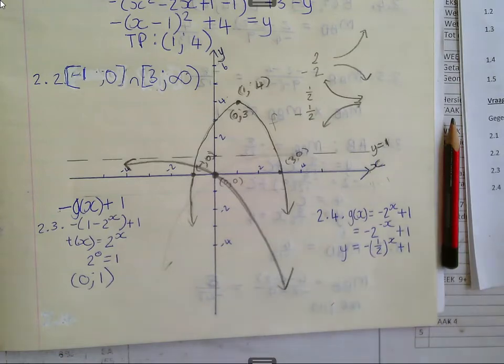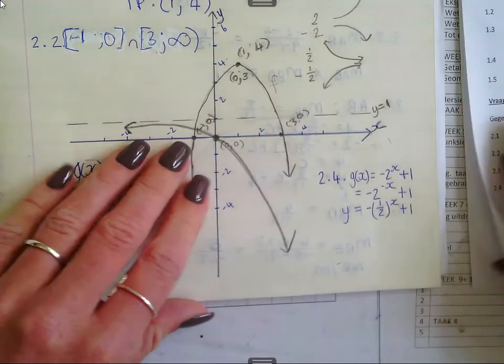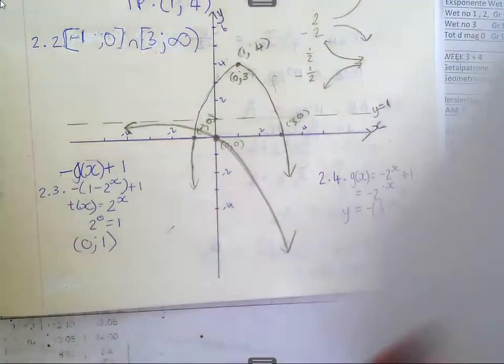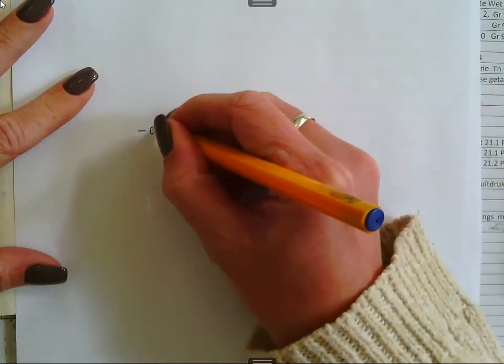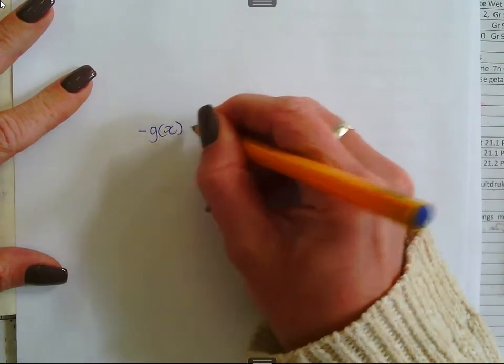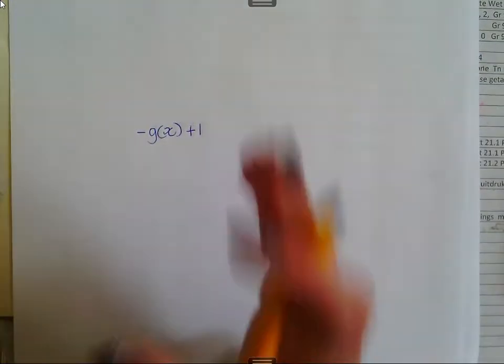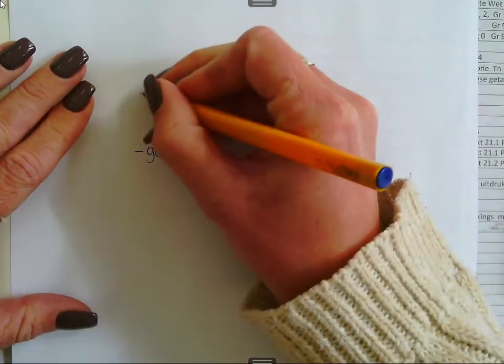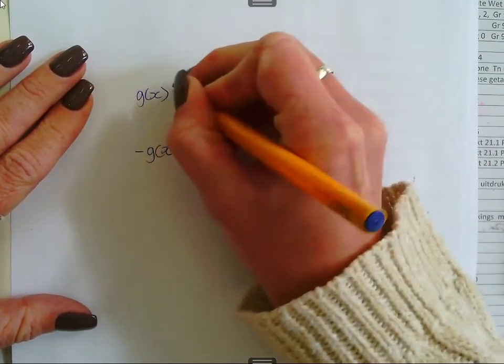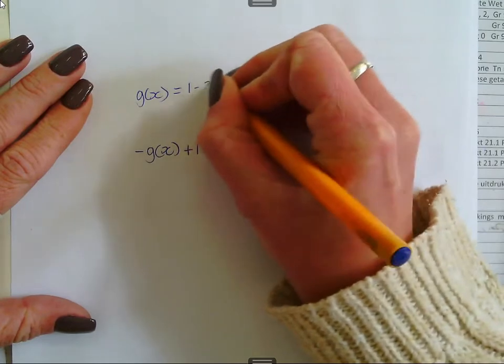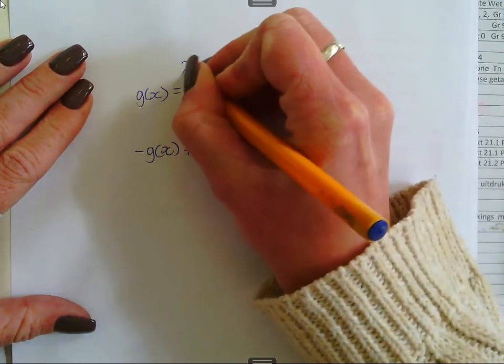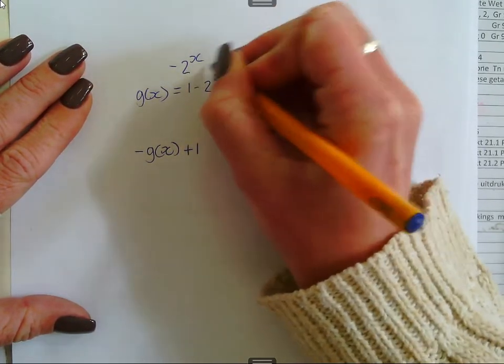Again. Okay. I'm going to do it on a different page. I'll do it here. Right, they're asking for negative g of x plus 1. G of x is 1 minus 2 to the power of x, or if you've already changed it, it's 2 to the power of x plus 1.